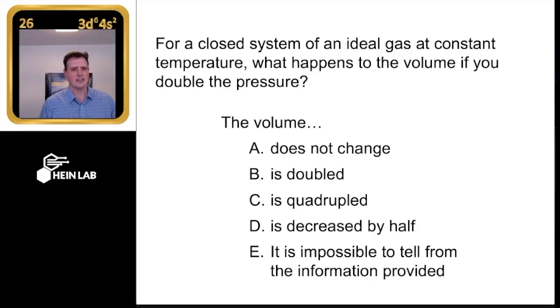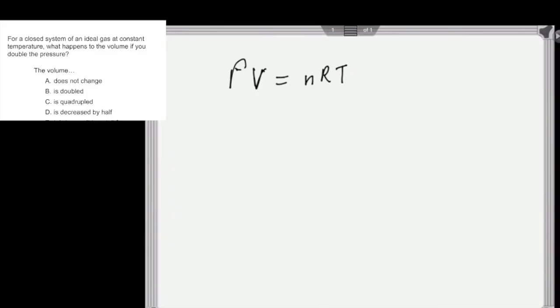Okay, does not change. All right, so if we were to change the pressure, what happens to the volume if we double the pressure? How could the volume not change? Think back to the overall equation. I put up the equation here, PV equals nRT.